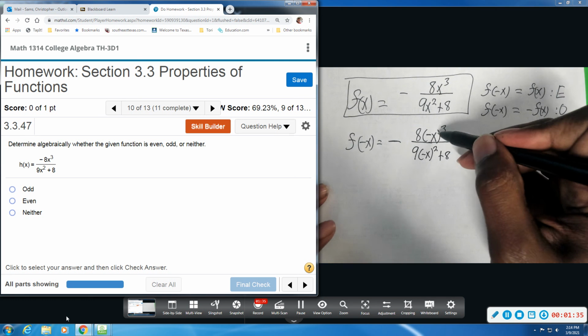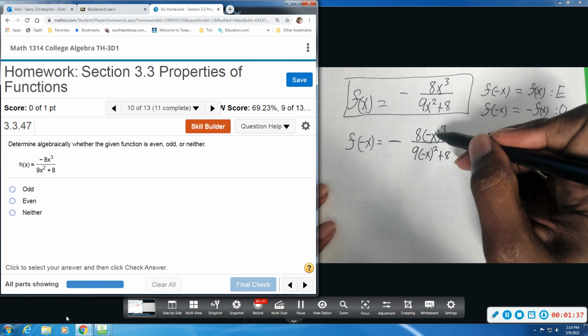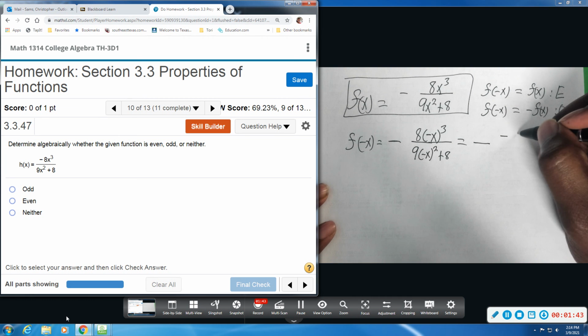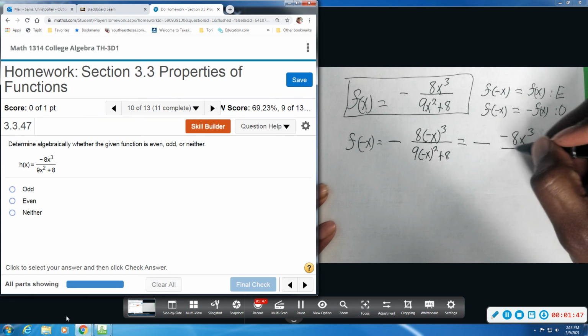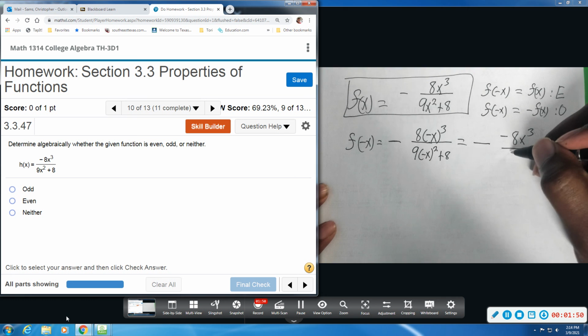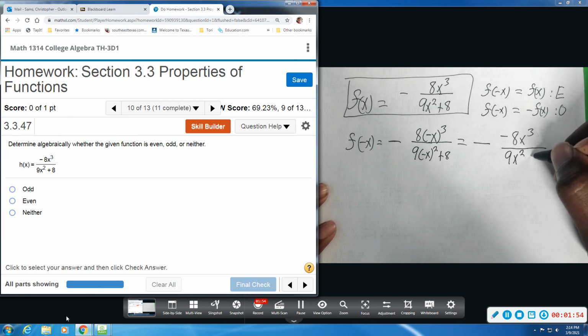All right, so here, this term will come out negative because we have 3 negatives. So we have this negative out front, and then a negative 8x cubed, and then on the bottom, that's squared, so it would end up being positive. So you have a 9x squared plus 8.